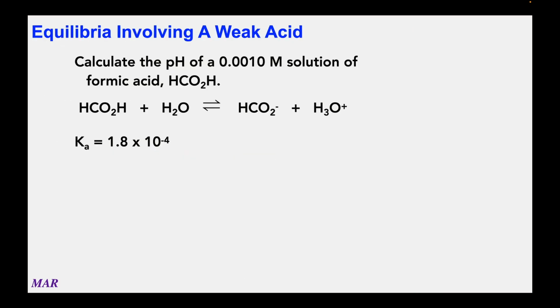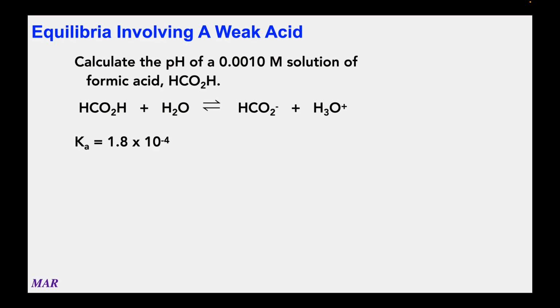Here's an example where we have a formic acid solution, and formic acid has a Ka of 1.8 times 10 to the minus 4, so a little bit bigger than the Ka for acetic acid in the last problem. And also notice here we're using a really dilute solution. 0.0010 molar is pretty small. In the last example, we had a very concentrated solution, 1.00 molar.